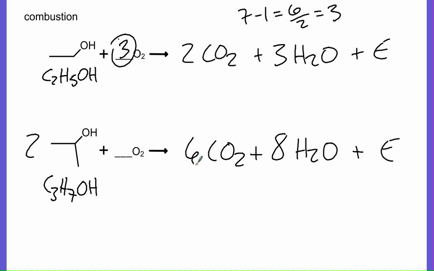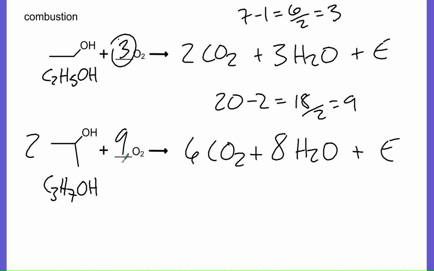That's going to give me 20 oxygens on the right. But now, again, I subtract 2 from the 2 alcohols, and I get an 18, and then I can divide by 2, and that's going to give me a 9. So this time I needed to double it to make it happen. It wasn't possible to make the left side even until I doubled it.